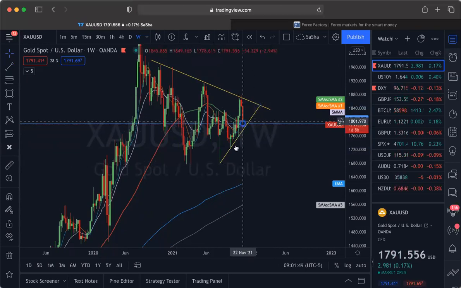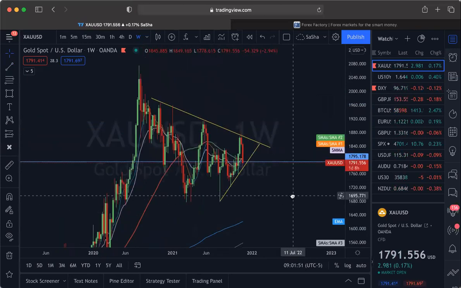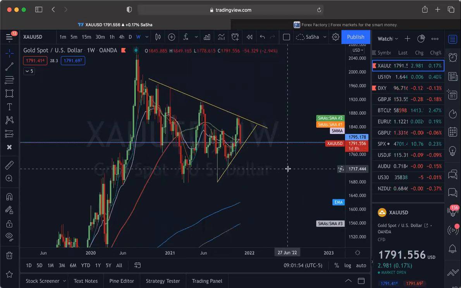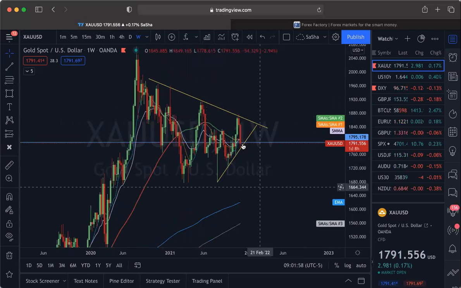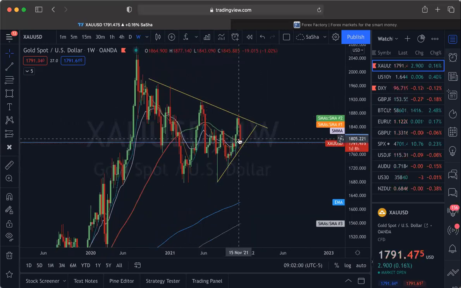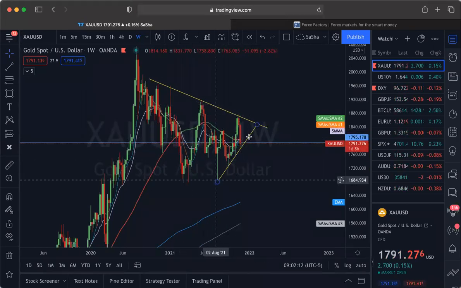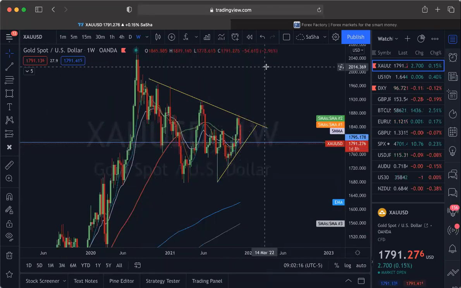At the same time, I'm watching all the moving averages, and there is nothing so far too much into confluence that I draw a big zone, because all these three are muddled up in the middle. So let's go back to daily and see how they're reacting right now. What I see with the clear picture is that we are sitting in the center of this range, and we are absolutely contracting. We're going to break on one side, either to the bottom or to the top, and then continue the move, right?